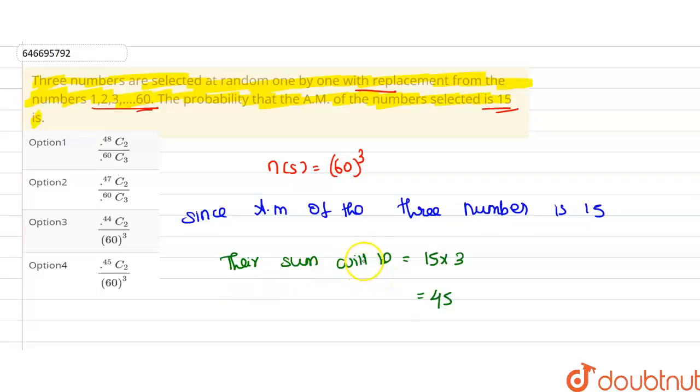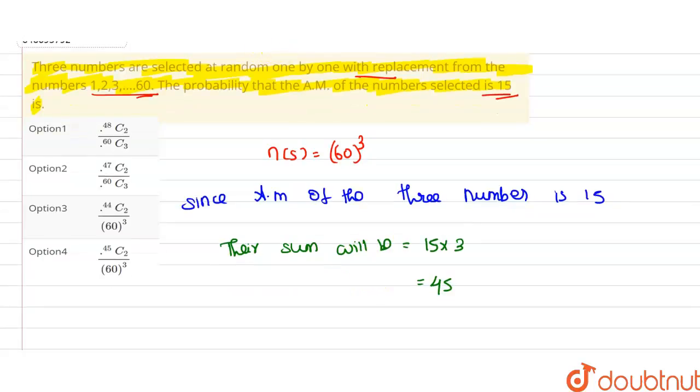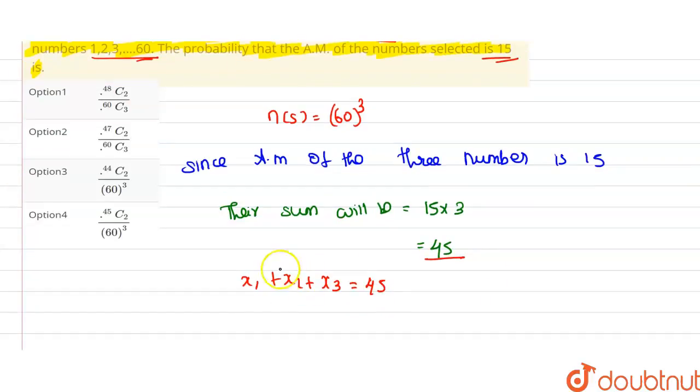Now let's consider these 3 numbers: x1 plus x2 plus x3 is equal to 45, because the sum is 45.